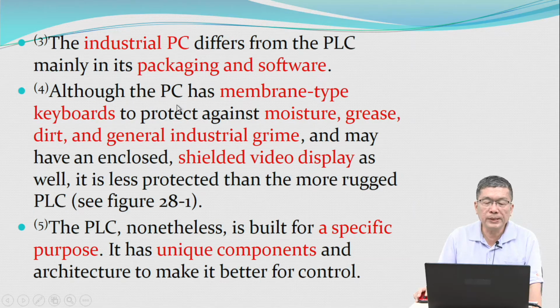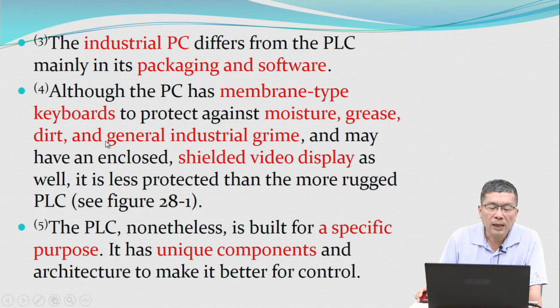Although the PC has membrane type keyboards to protect against moisture, grease, dirt, and general industrial grime, and may have an enclosed shielded video display as well, it is less protected than the more rugged PLC. See figure 28.1.